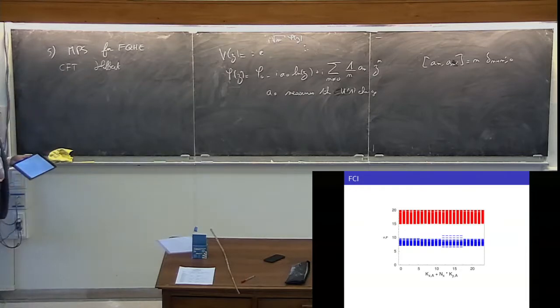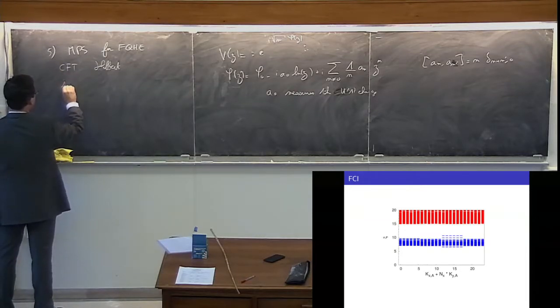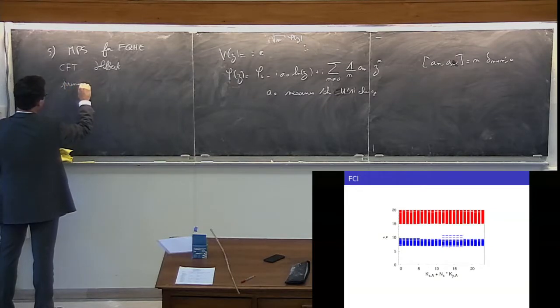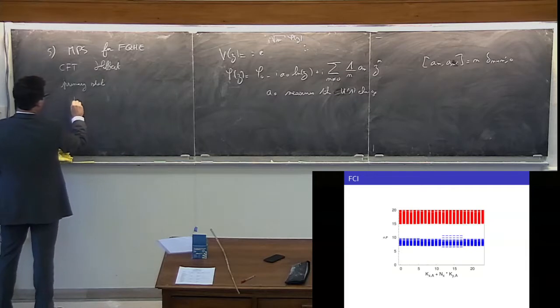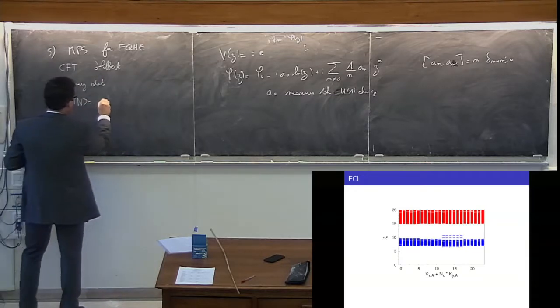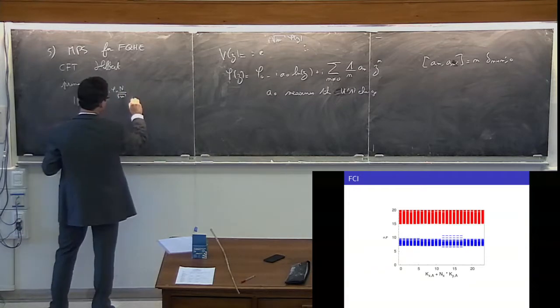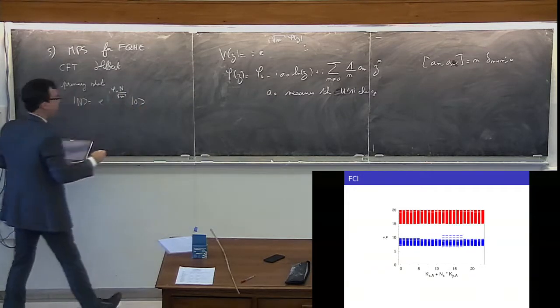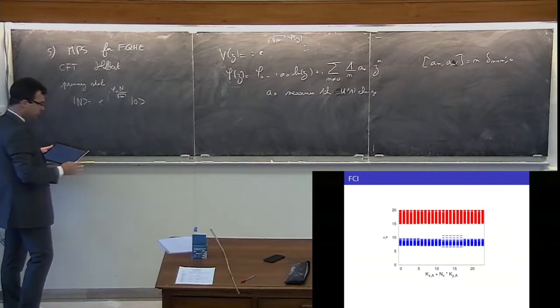So you start with the primary states. For the primary state, you just act with phi_0. Basically, you start from the vacuum and just increase the charge. That's exactly what this operator will do.